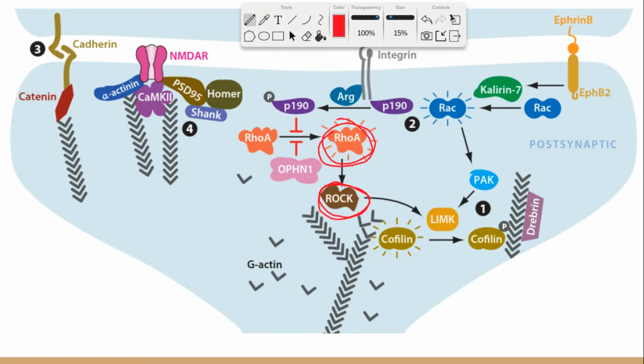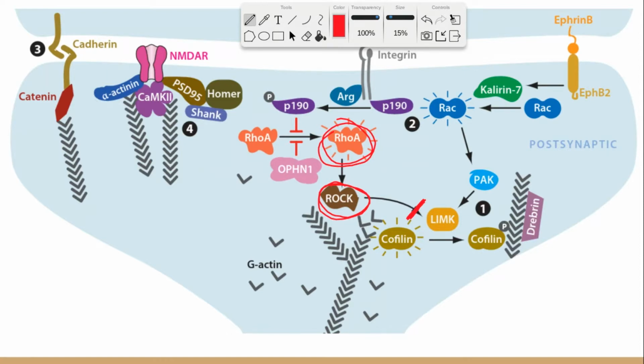And ROCK inhibits it, should be an inhibition sign. ROCK inhibits LIMK. So if this RhoA-ROCK complex is inhibiting LIMK, it is indirectly promoting cofilin activity and actin depolymerization.